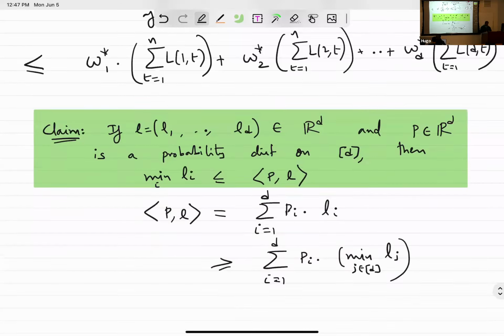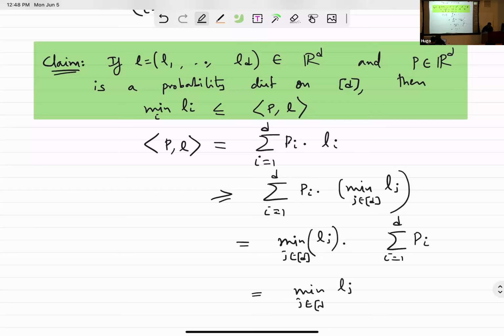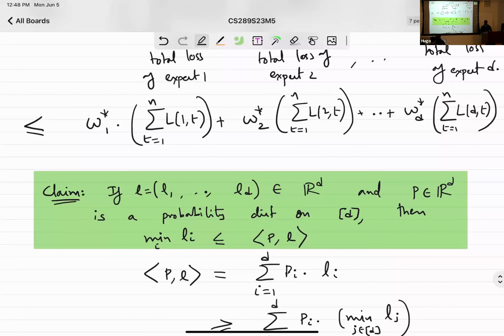Like a weighted average. Exactly. And now the min comes out because it doesn't depend on the summation. And what is summation Pi? 1. Okay. So we are using the same thing with W star instead of P. It's true for any distribution. So in particular, it is also true for W star.